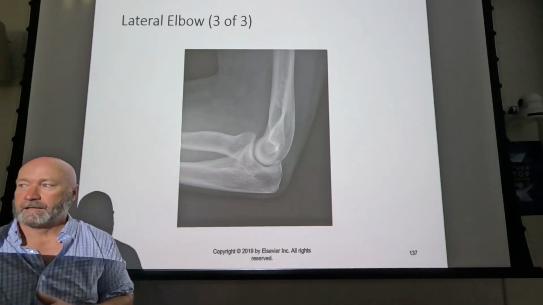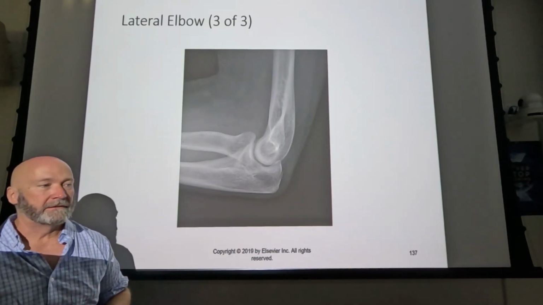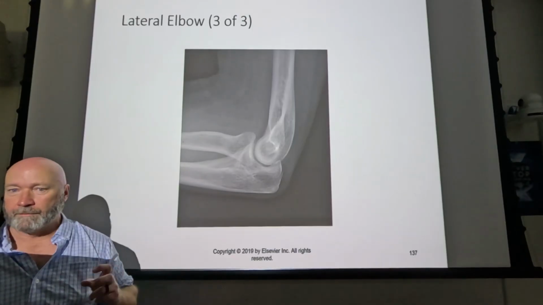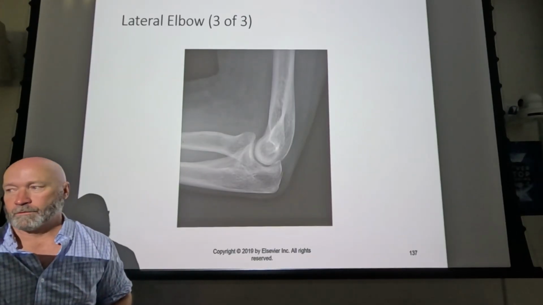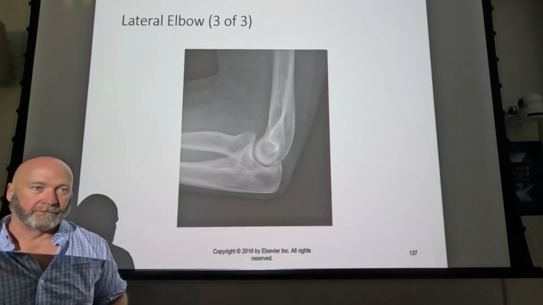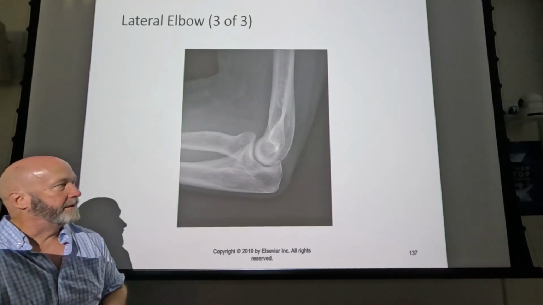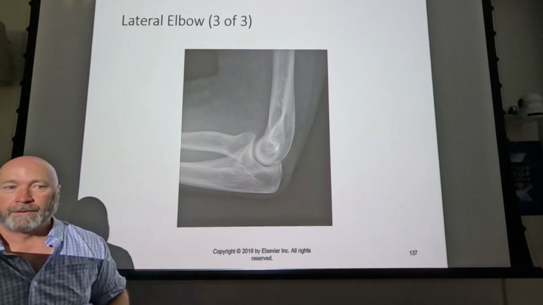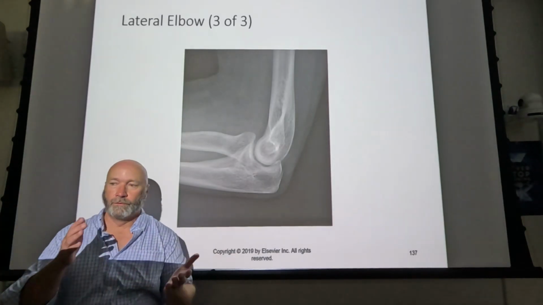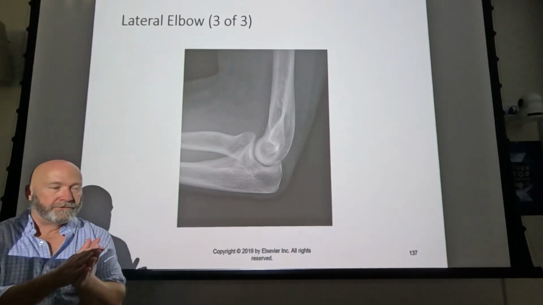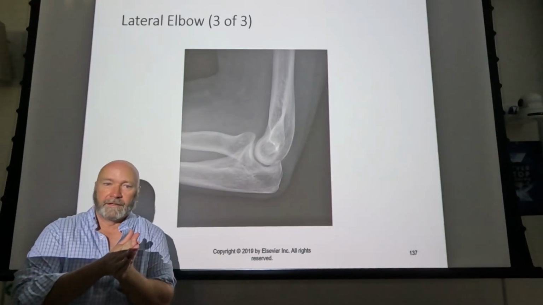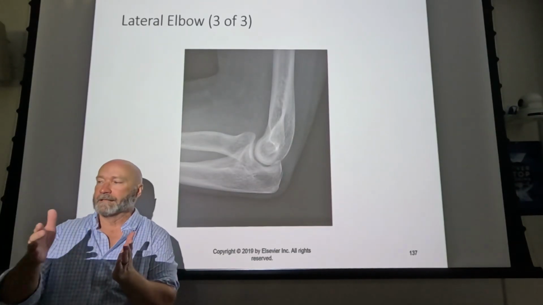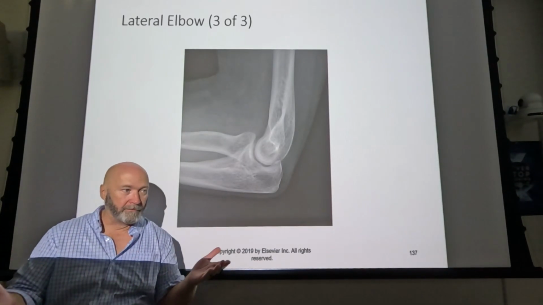So we have telltale indicators that we have fractures, and some of those are what we refer to as fat pads. And we're going to talk about this more next year when we go back through all this in radiographic critique. But in your elbow, you have 3. A fat pad is where 2 soft tissue structures are separated by a different density of soft tissue, probably fat.